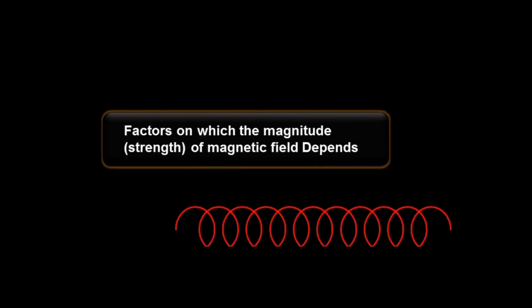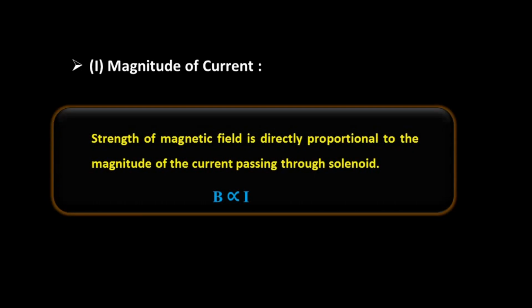What factors affect the magnetic field? Factors on which the magnitude of magnetic field depends. The strength of the magnet depends upon different factors. The first is magnitude of current.